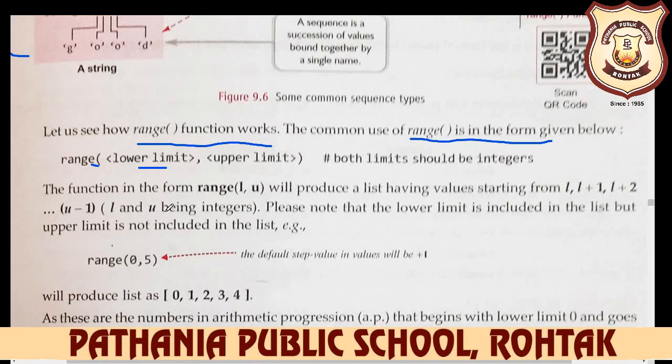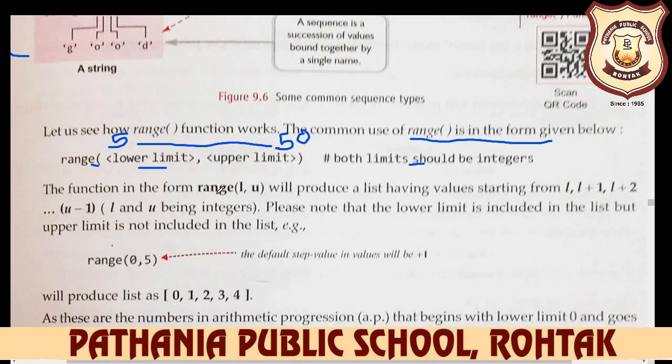Okay, so the upper limit, if we write down the table of 5, then my maximum and upper limit is 50. But if we want to write down the 0 to 10 counting, then my lower limit is 0 and my upper limit is 10. So both limits should be integers. So you write these conditions only as integers in the range function.